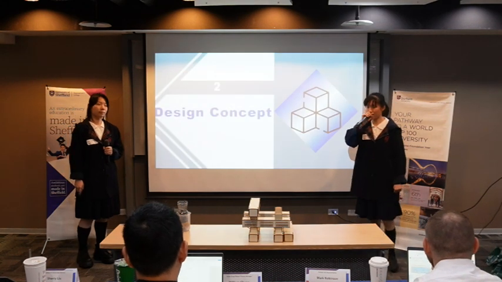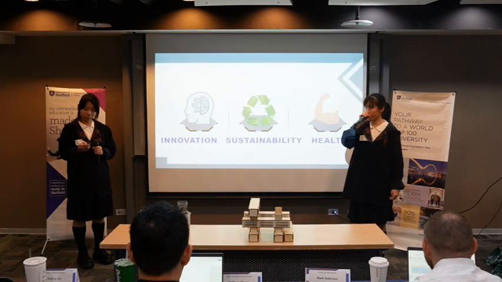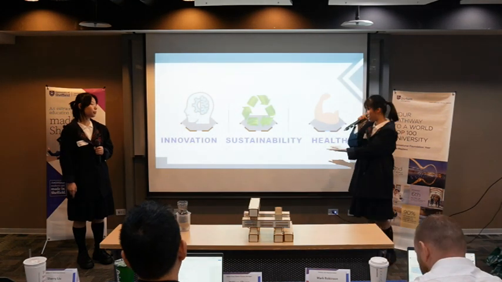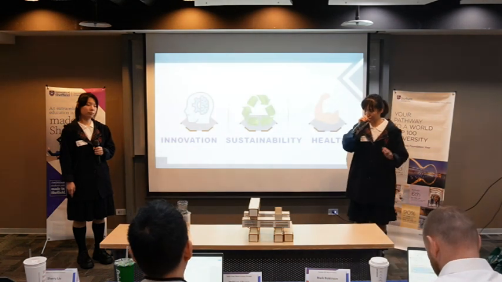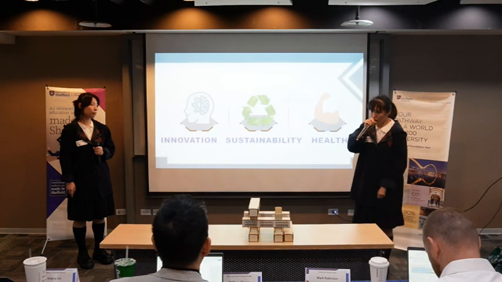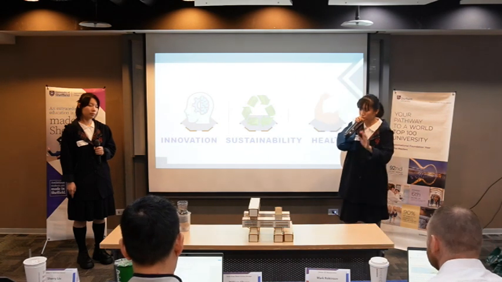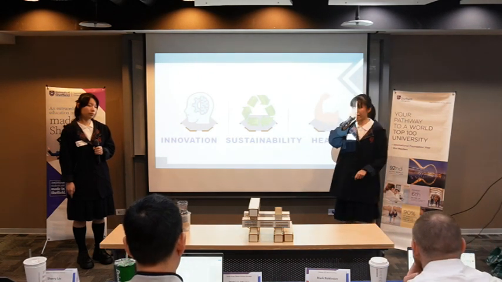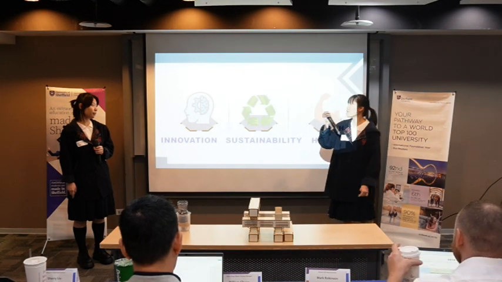Next is our design concept. We think a modern school building should focus on innovation, sustainability, and how to create a learning environment that meets contemporary needs. Our design aims to establish a green energy school that fulfills high-performance requirements.